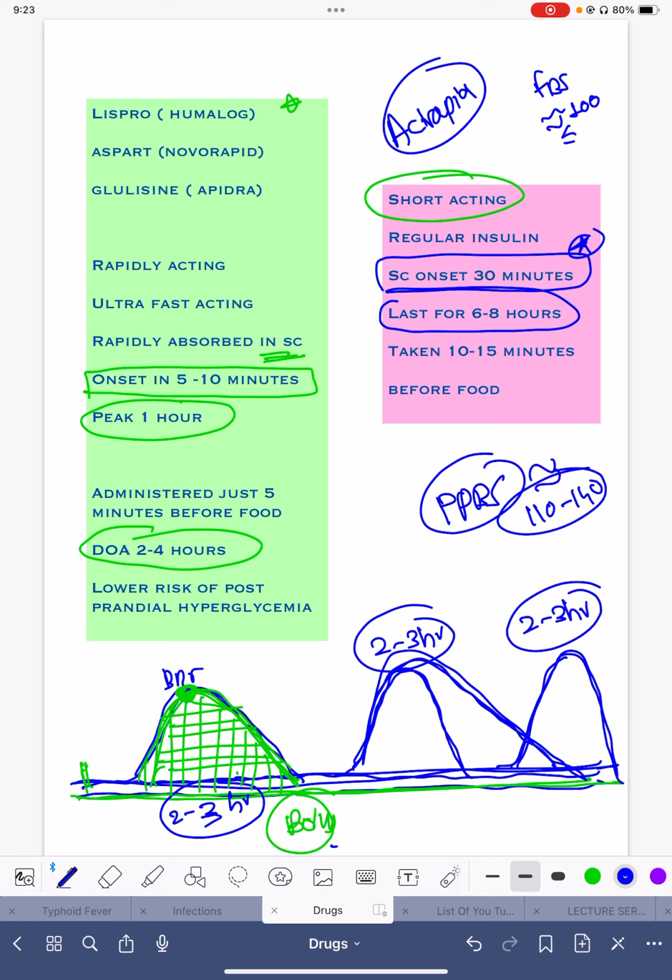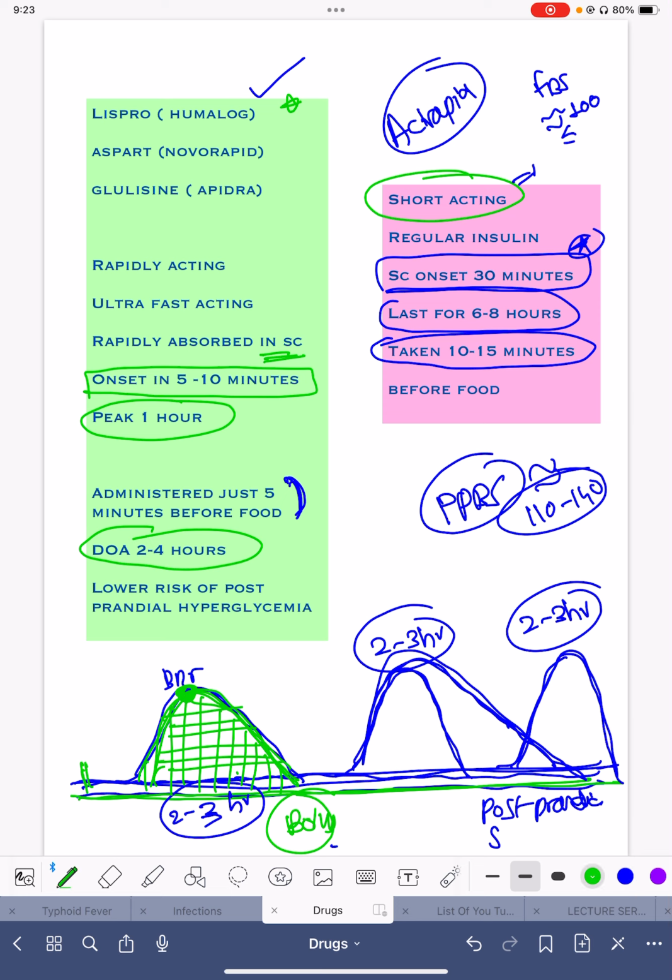That is the reason why the risk of postprandial hypoglycemia is higher with these short acting insulins. This is also why these fast acting insulins, as they start acting within 5 to 10 minutes, are recommended to be taken around 5 minutes before the food, whereas the short acting insulins should be taken around 10 to 15 minutes prior to taking the food.